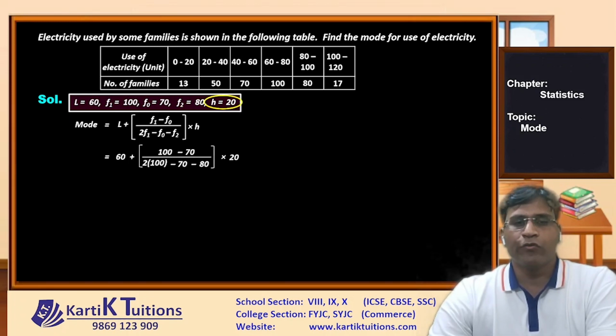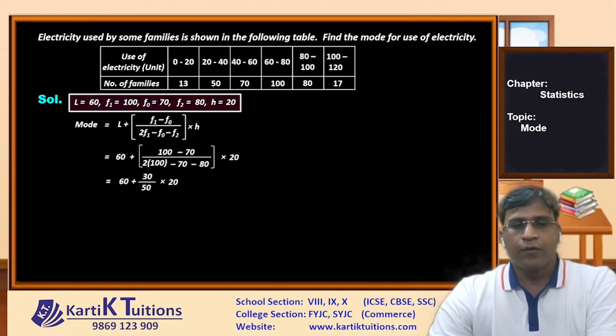Now as per the rule, first we'll solve the brackets. 100 minus 70 gives you 30. In the denominator, 2 into 100 is 200. Minus 70 minus 80 becomes minus 150. So 200 minus 150 will give us 50. So we get 60 plus 30 upon 50 into 20.